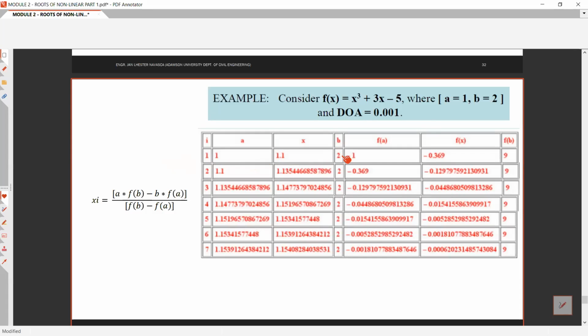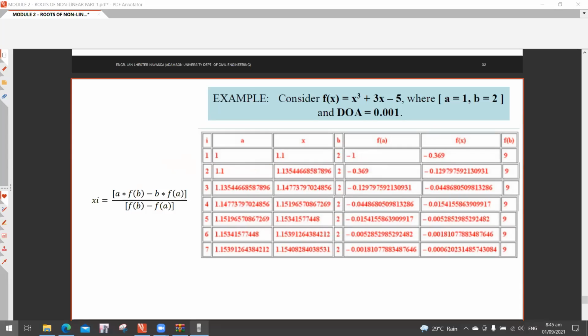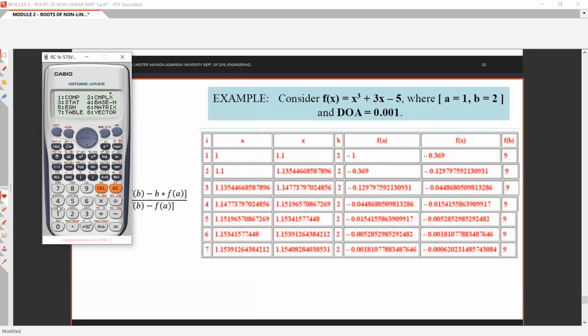Okay, 1 and 2 muna. Plug in mo yung f of a. Sige, ilagay na rin natin para makita niyo. x cubed plus 3x minus 5.